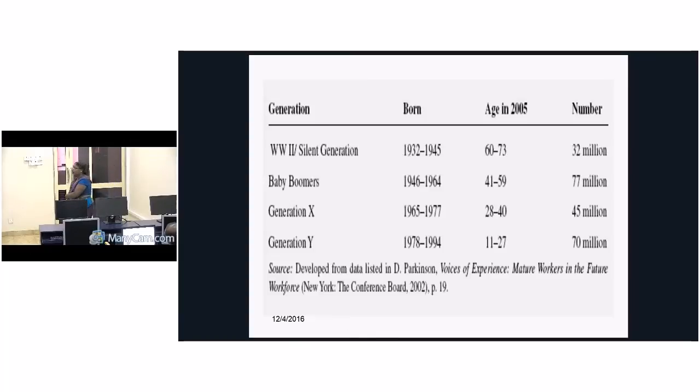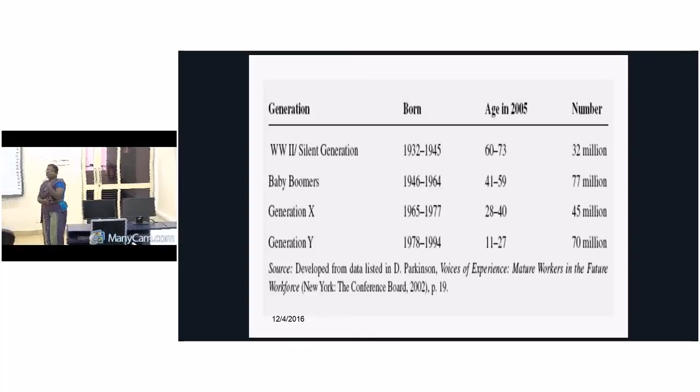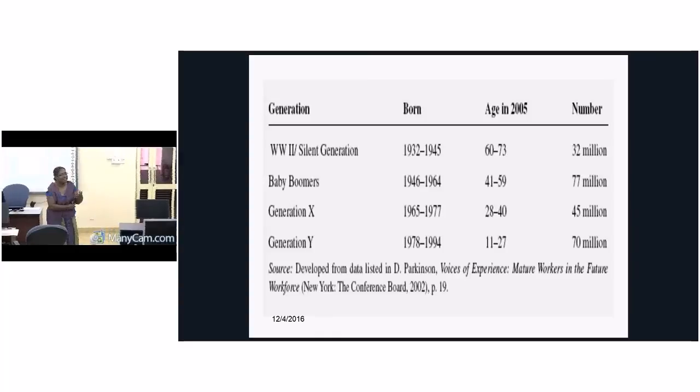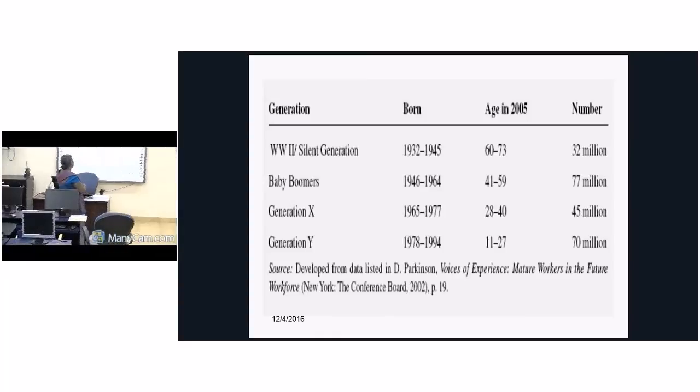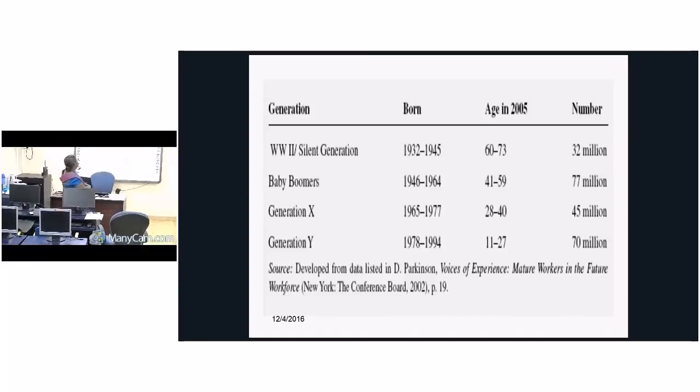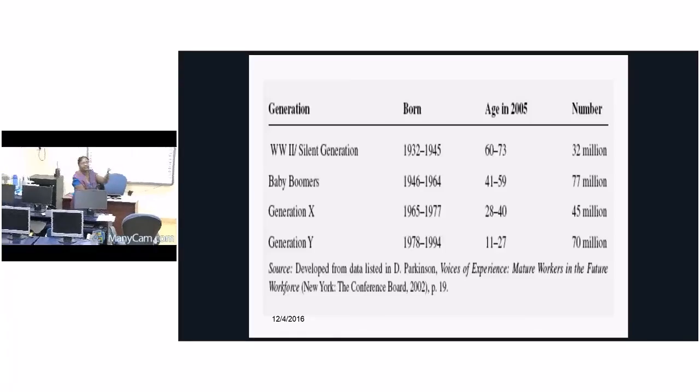So now our children belong to generation E, right? So generations X, Y, E are in society today, in the environment in another sense.